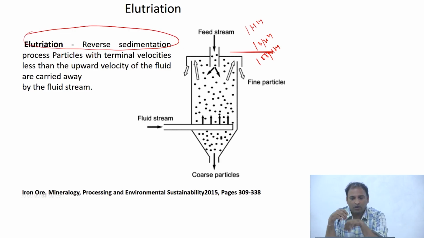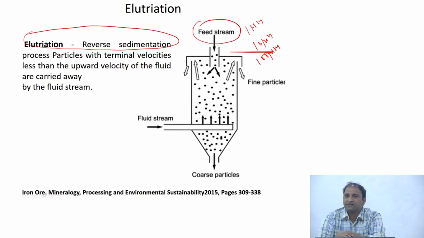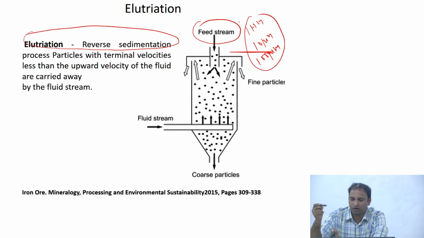If you look at the schematic here, there's a feed stream. That feed stream carries the mixture of particles that want to be separated, so I have a mixture of different sizes. You could think of a feed stream consisting of 1 micron, 10 micron, and 100 micrometer particles that enters the feed, and at the bottom you have a fluid stream.